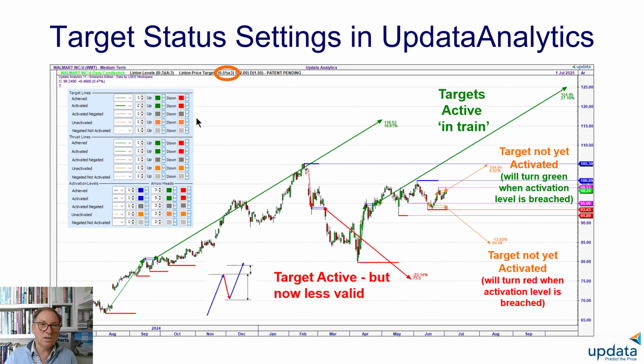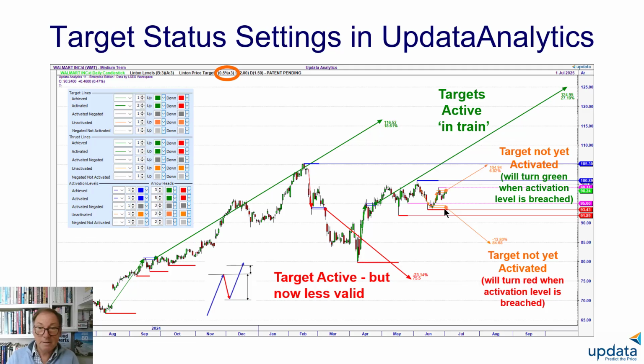As I mentioned, there's lots of settings in Updata. You can change the colors. It's really, really powerful, but my recommendation is you just live with the default settings to begin with, and as you get more proficient with the targets, you can change them. So here the targets are in train. Now we've got a very interesting situation where we're in a bit of a sideways range. If we go higher, that target turns green.